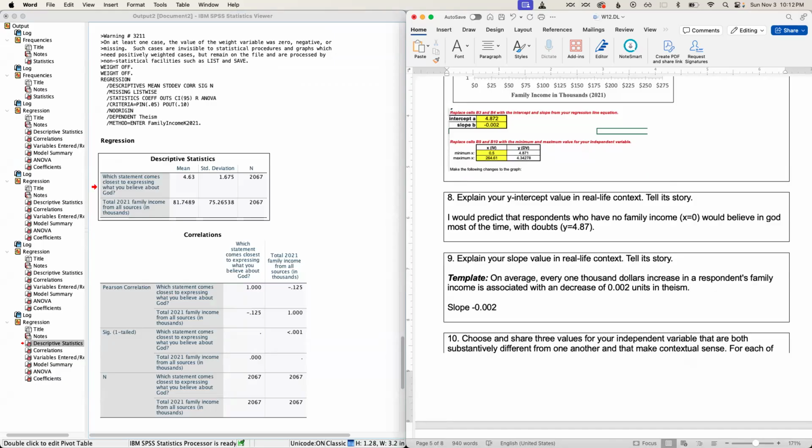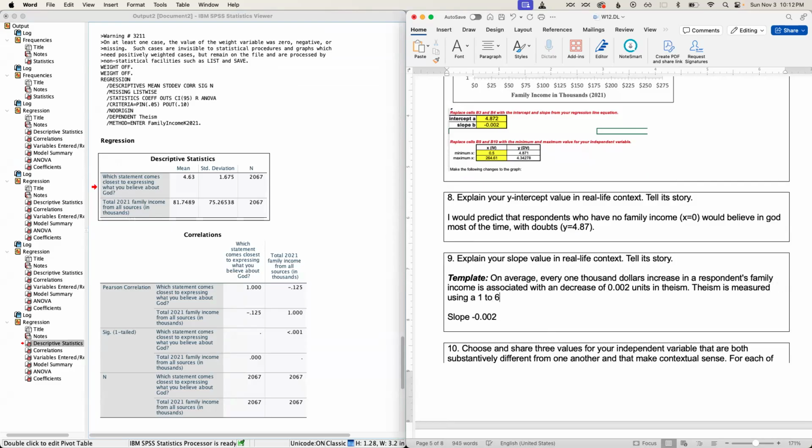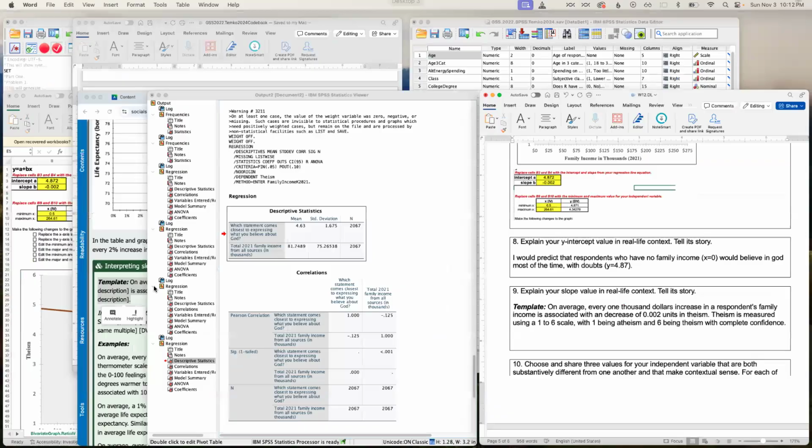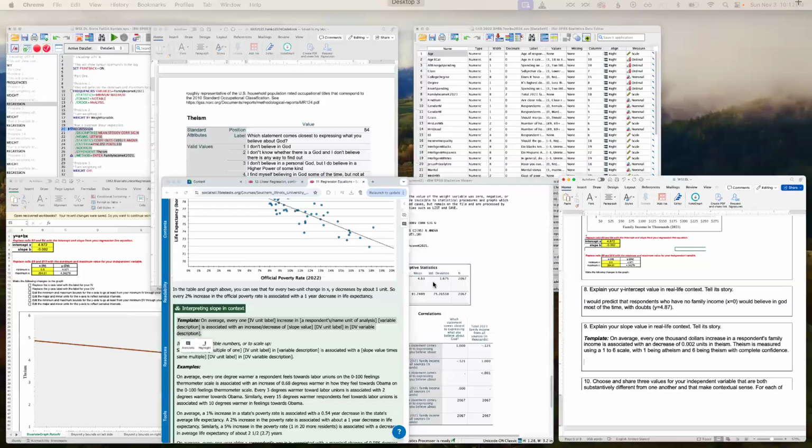So I'm going to write that, but I'm also going to add that theism is measured using a 1 to 6 scale, with 1 being atheism and 6 being theism with complete confidence, the no doubts. Okay, so that's fine. I'm going to use that other one though to scale it up also.